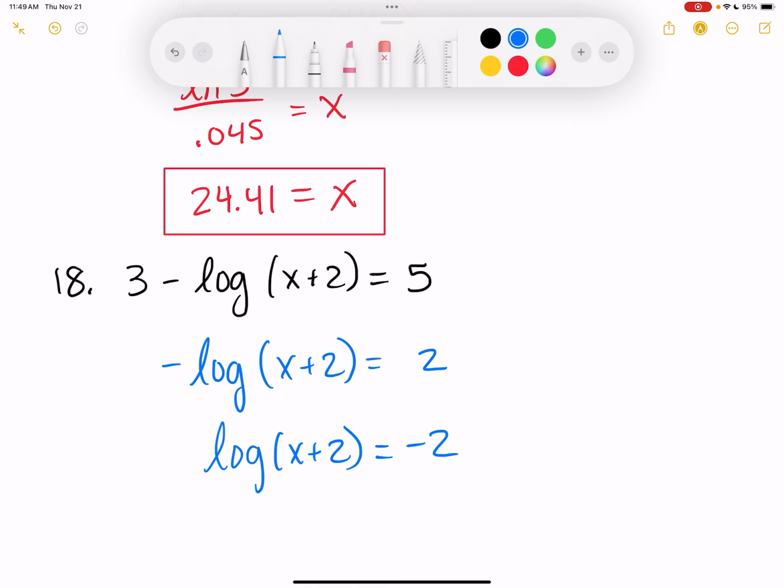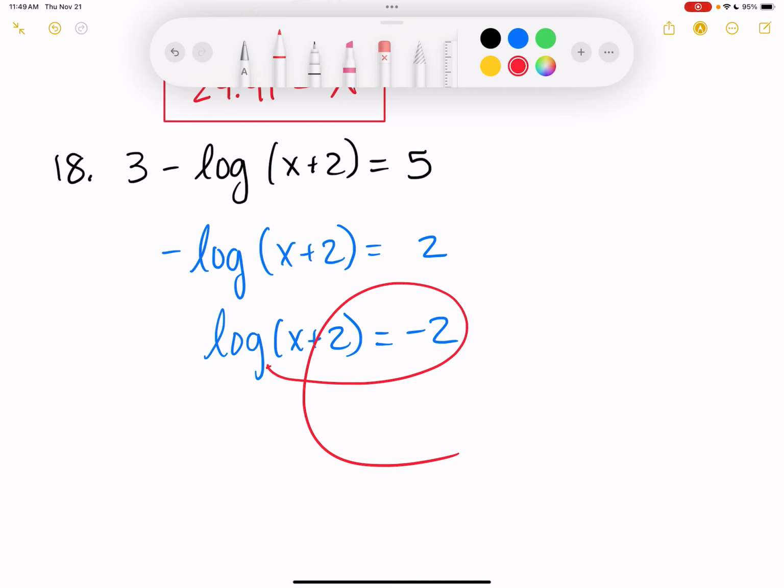So I'm at the point where I just have a log on the left, so how do I solve for x? Yeah, so we start here and we loop around and we make our e, and that tells us what order to do things.